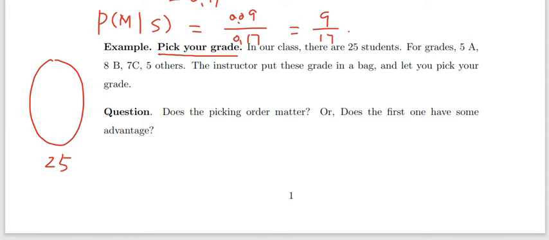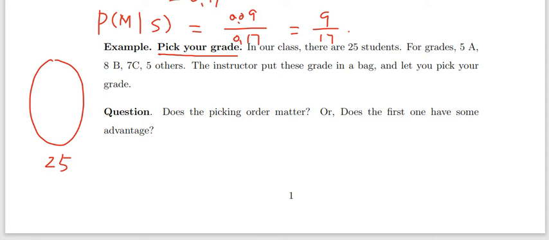Your grade is not based on your performance, just based on your luck. You will complain such a policy is not reasonable, but I would like to say such a policy is fair.